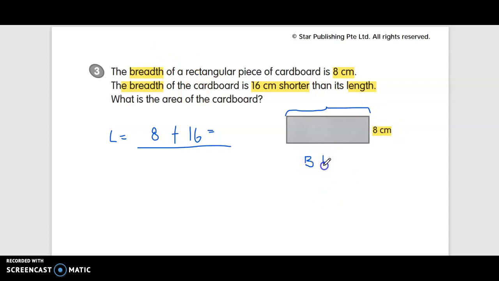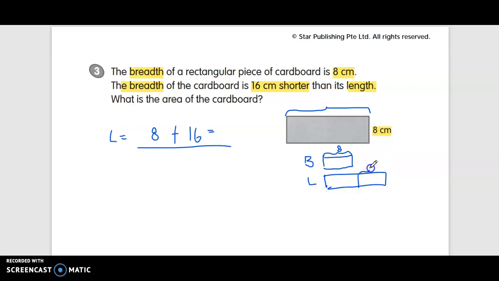So the breadth of the cardboard is 8. Let me erase and draw properly. So the breadth is 8. It is shorter than the length, which means the length is longer.